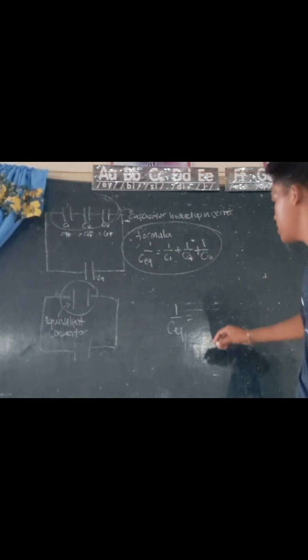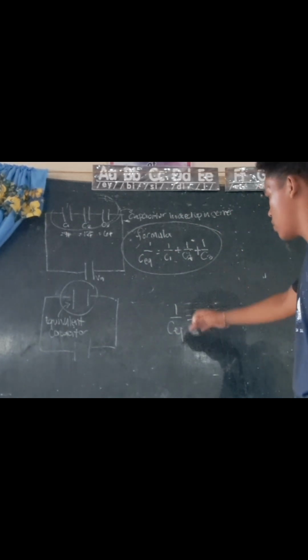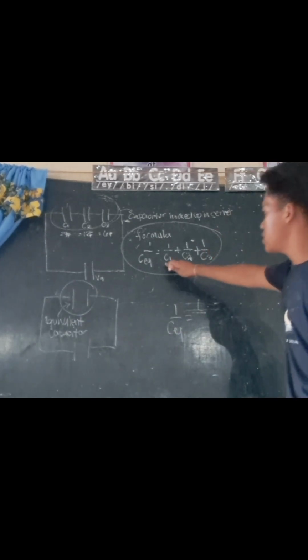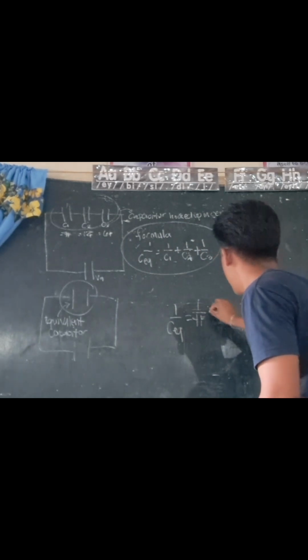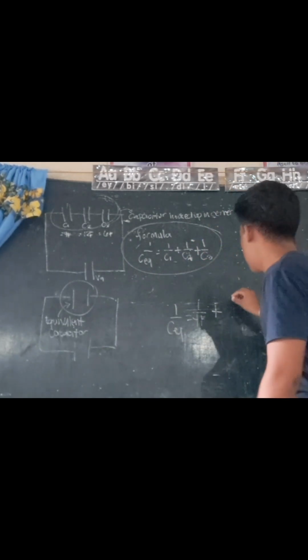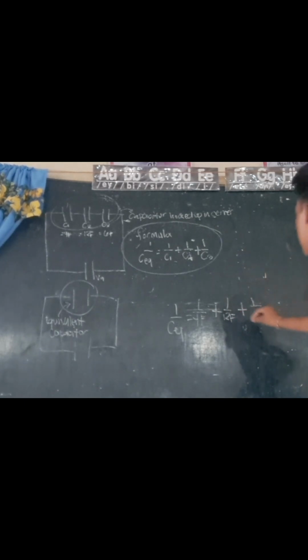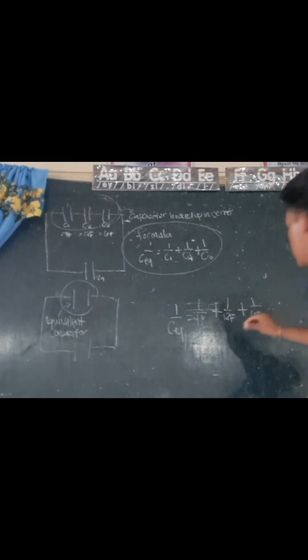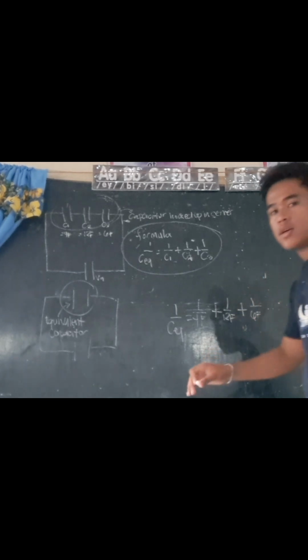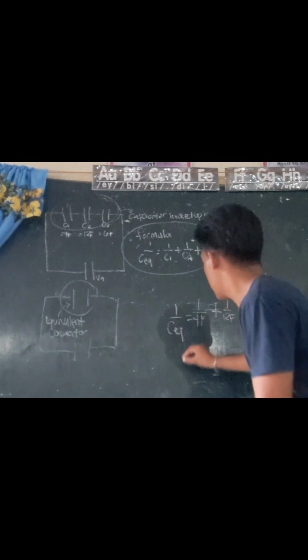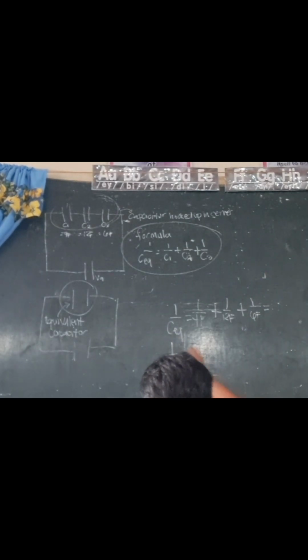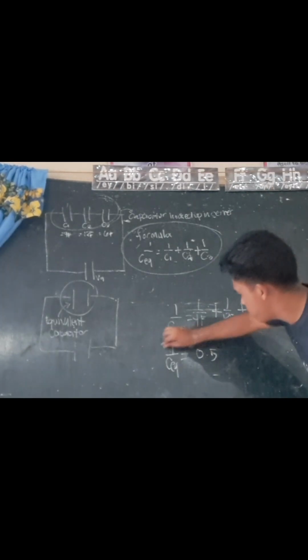So 1 over 4 farads plus 1 over 12 farads plus 1 over 6 farads, which, if you sum them all, you get 1 over equivalent equals 0.5, and you divide 1 by 0.5 to get 2 farads.